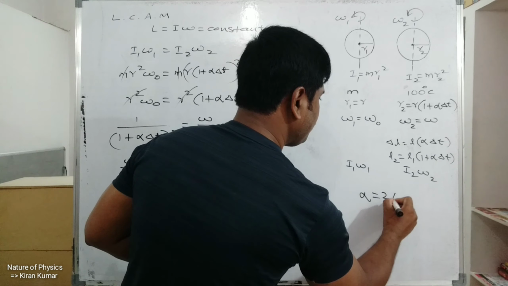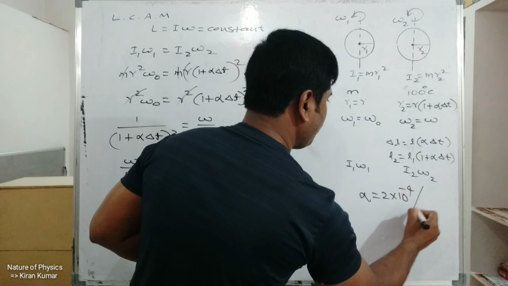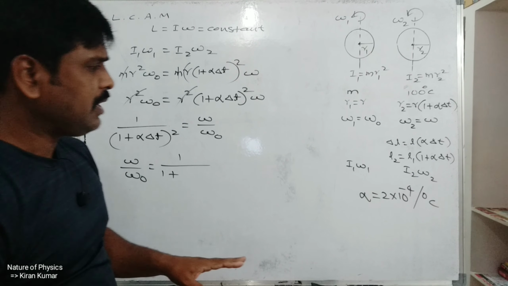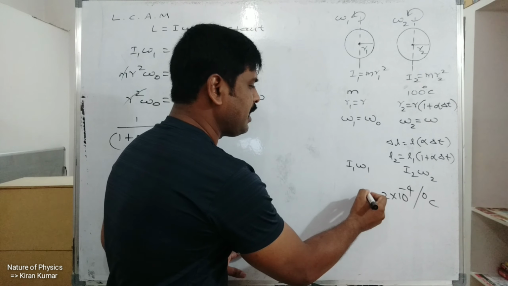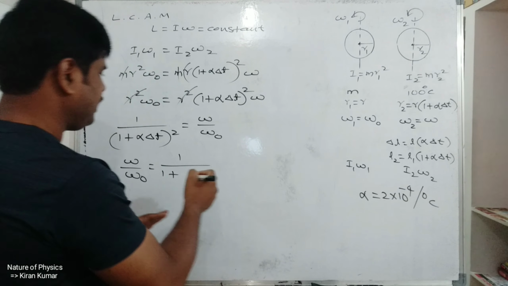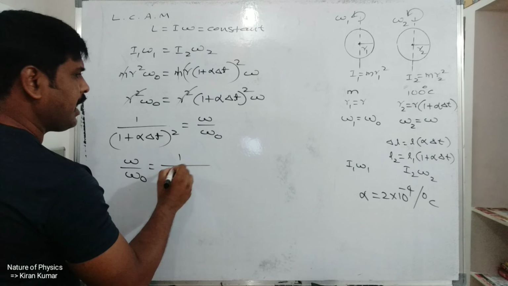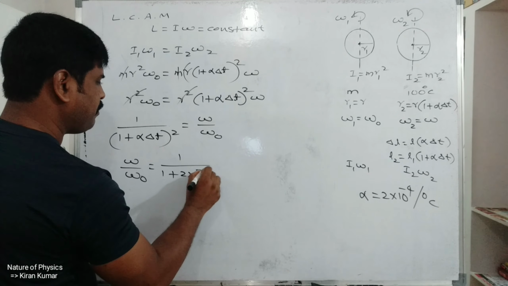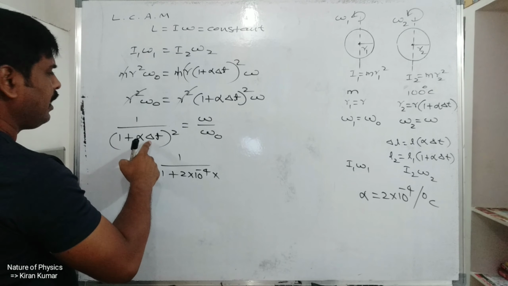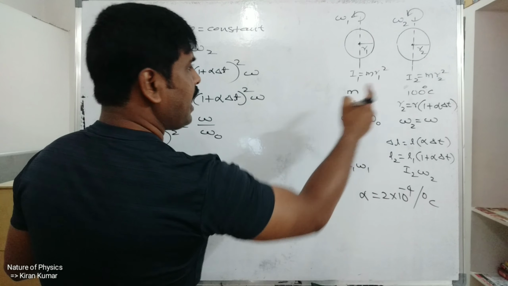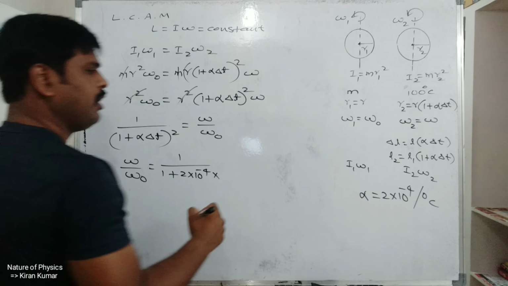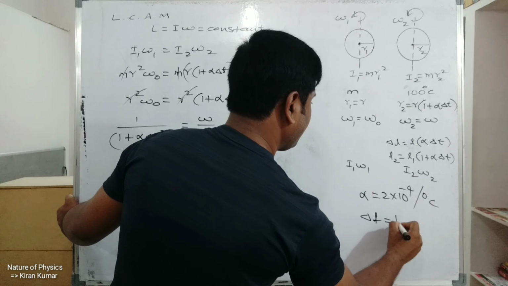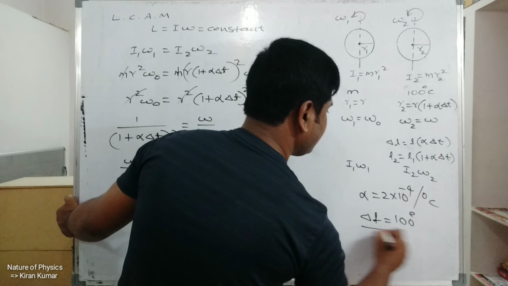That is 2 into 10 to the power of minus 4 per degree centigrade, the coefficient of linear expansion of the sphere, is given. Okay, replacing in this equation, that value is 2 into 10 to the power of minus 4 into temperature, how much? 100 degrees centigrade. So here delta T is equal to 100 degrees centigrade.